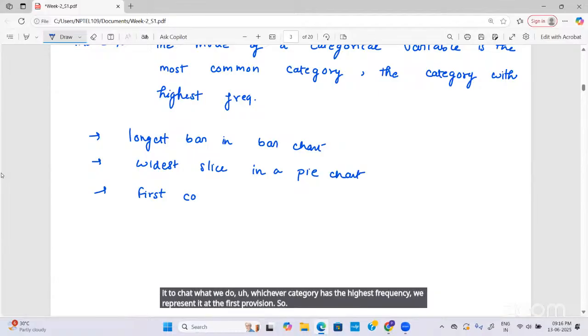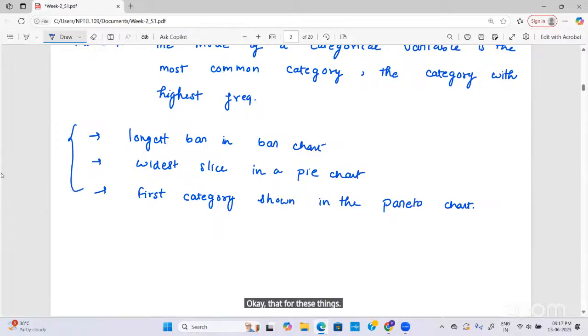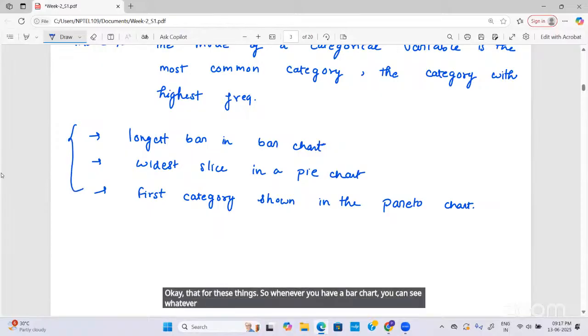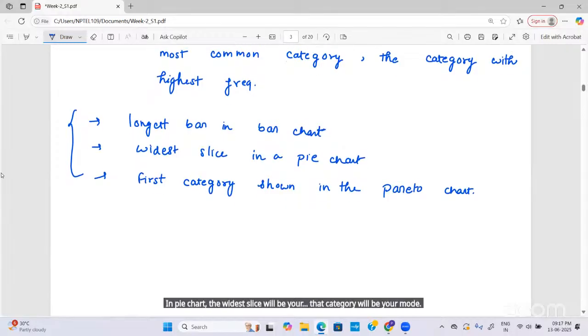So whenever you have a bar chart, whichever category has the longest bar will be your mode. In a pie chart, the category with the widest slice will be your mode. And in the Pareto chart, the first category will be your mode.